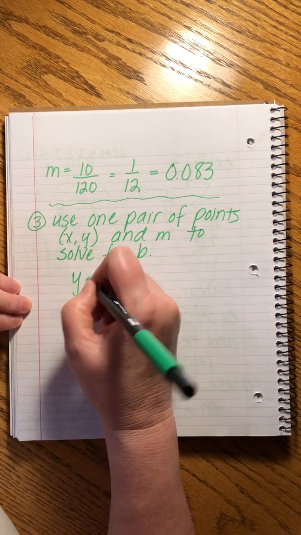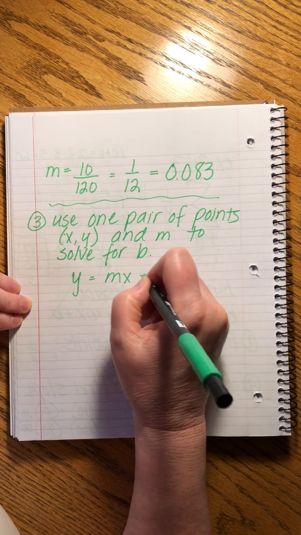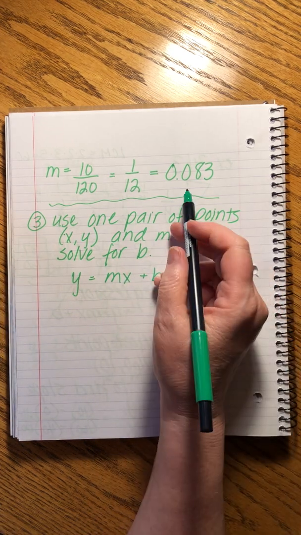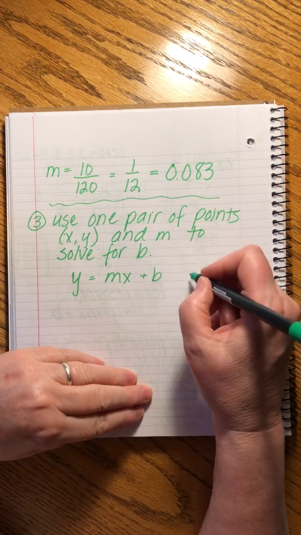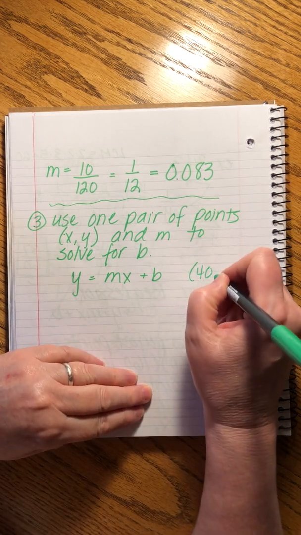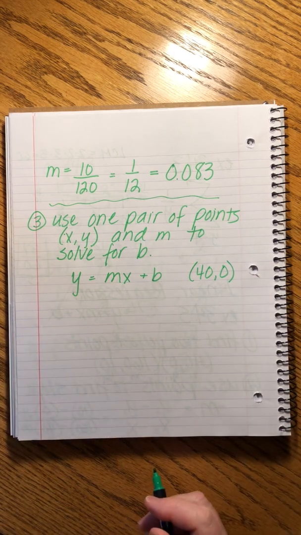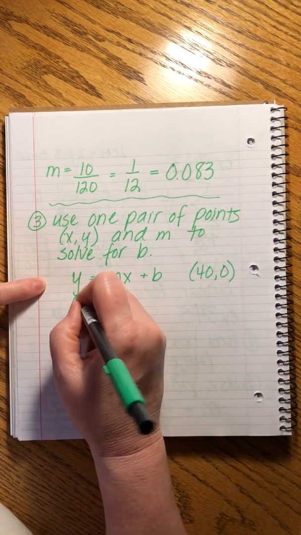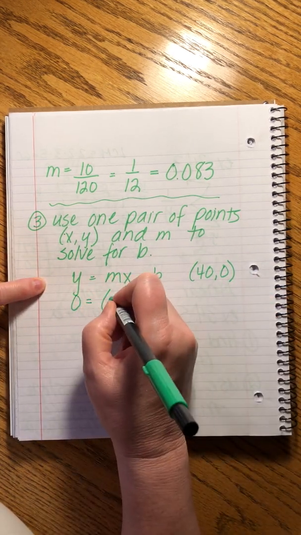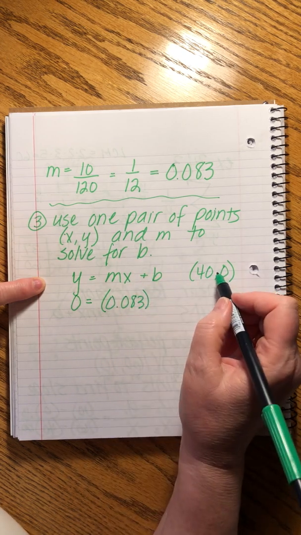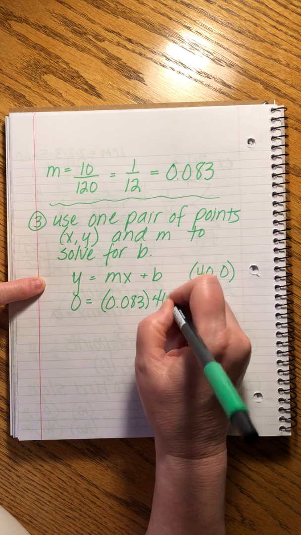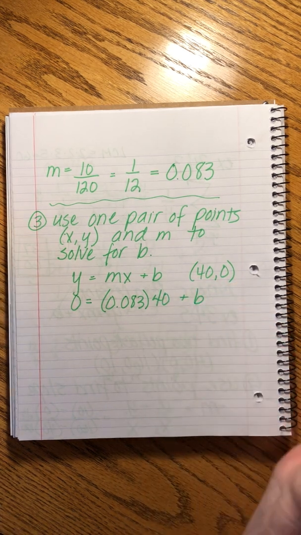Because we're working off y equals mx plus b. There's our m. And let's see, I remember the first point was 40, 0, right? So let's plug those in. 0 equals 0.083 times x, which is 40, plus b.